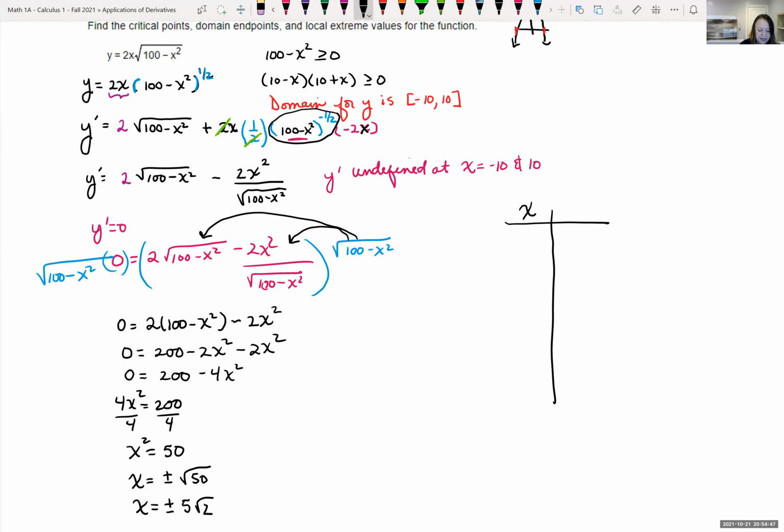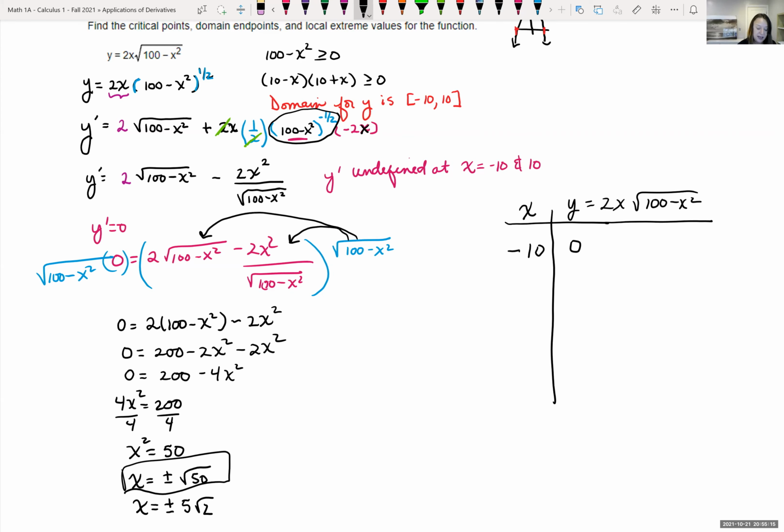So we're plugging them into our original function, y equals 2x square root of 100 minus x squared. Let's do smallest to largest. So -10. We know if we plug in -10, that gave us 0 underneath our radical, so that's just going to give us 0.